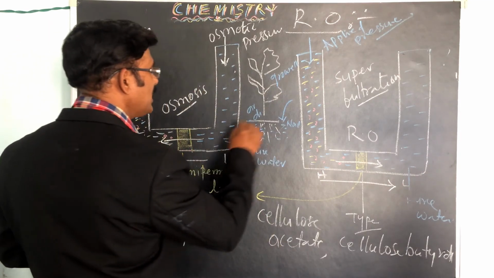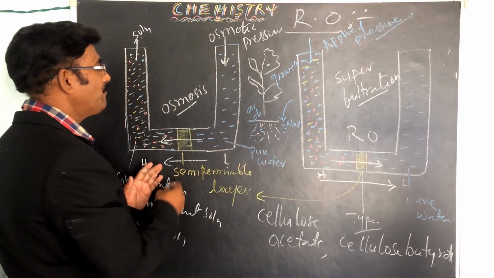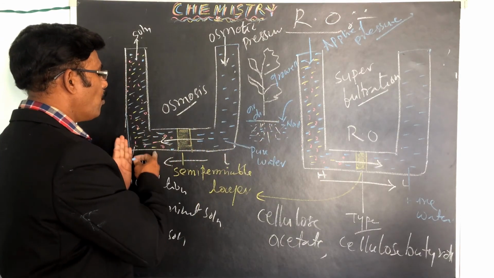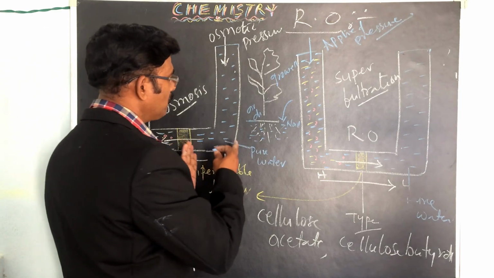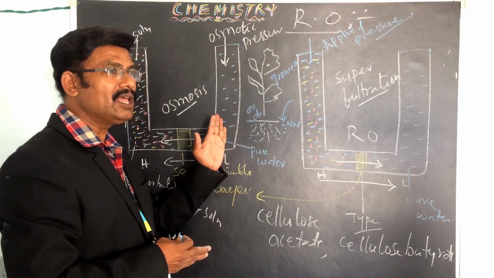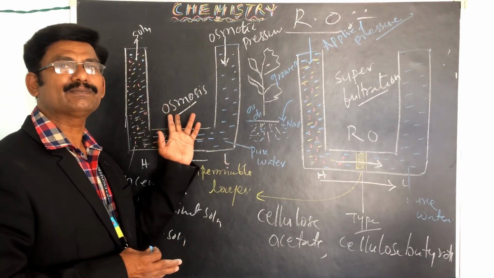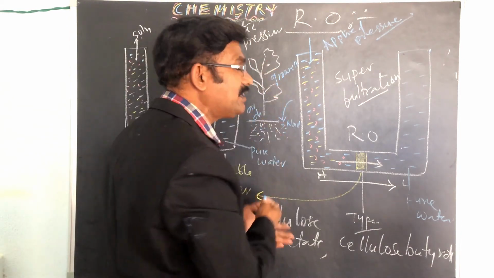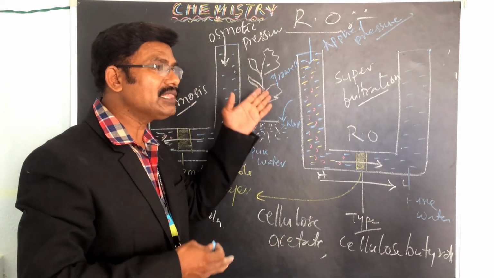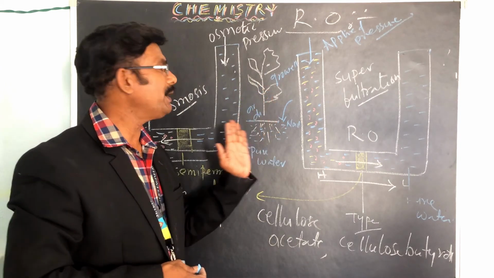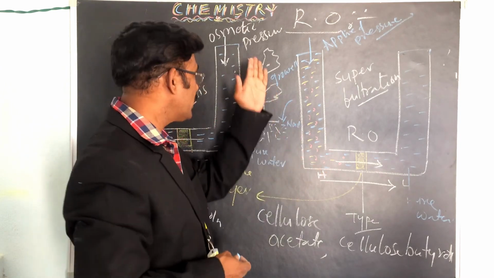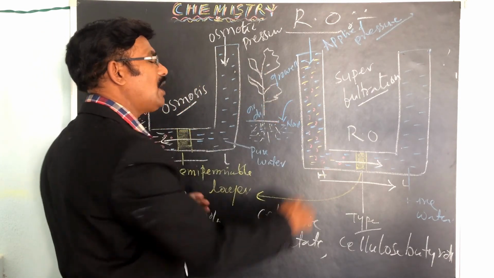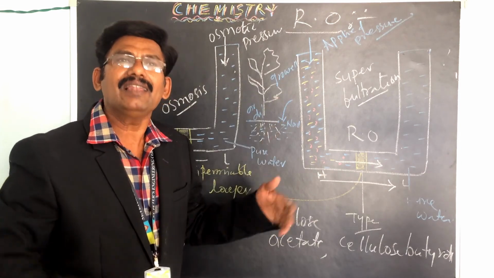If the salts are more, water always flows from the lower side to the higher side. Osmosis takes place in the plant, and whatever water is present in all the cells of the tree is dehydrated and comes out, and automatically the tree will die.